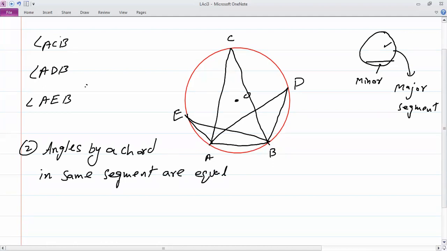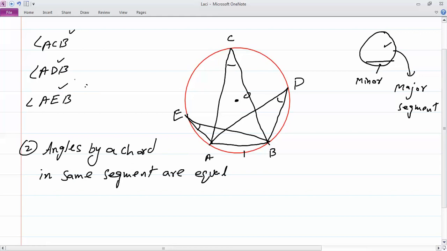For example, look, ACB, ADB, AEB, they are all in the same segment, because when we took the chord AB, this was the minor segment, this was the major segment. So all these angles are in the same segment by the same chord, so they will be the same, whatever the value.